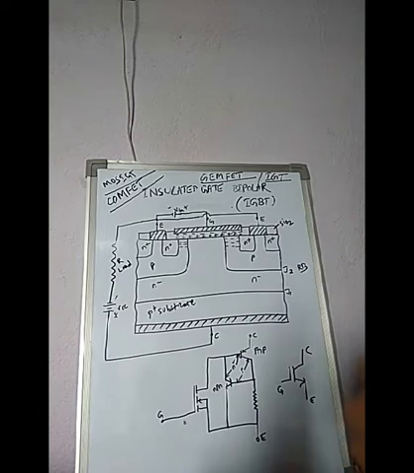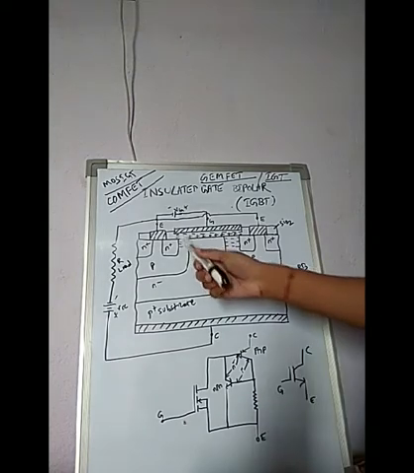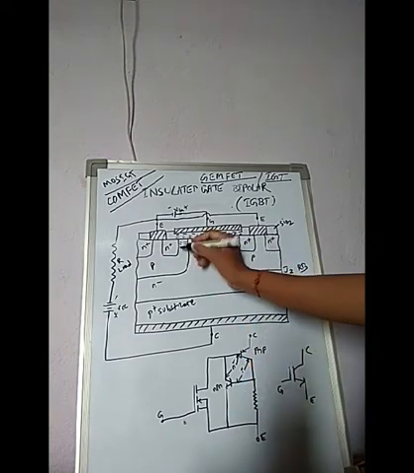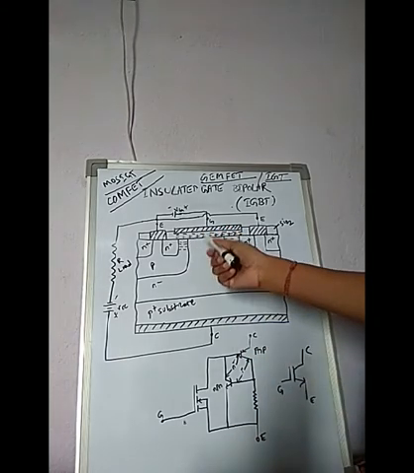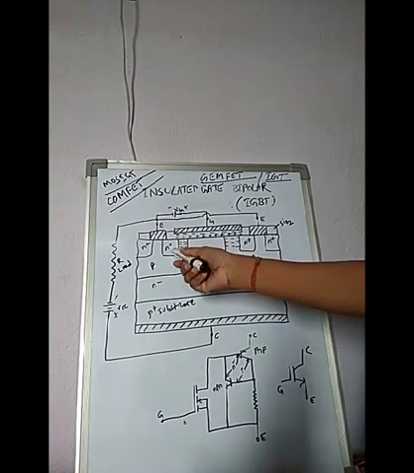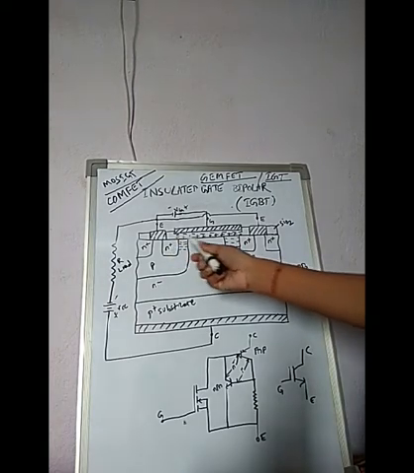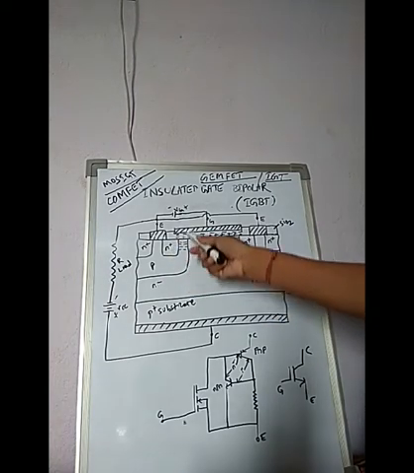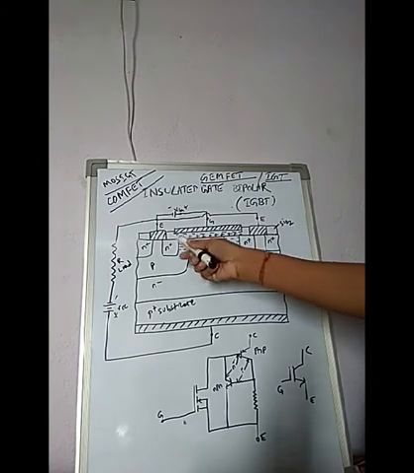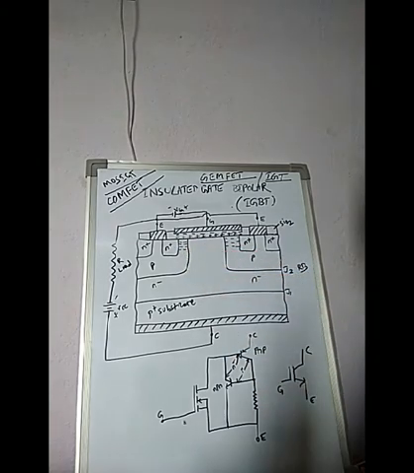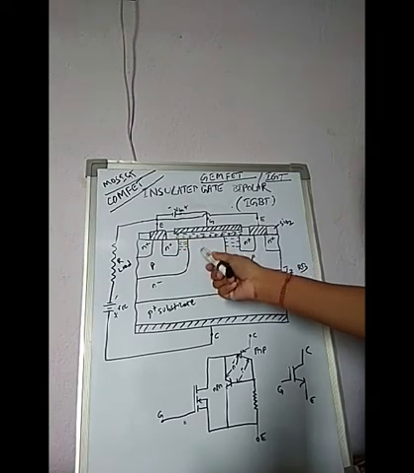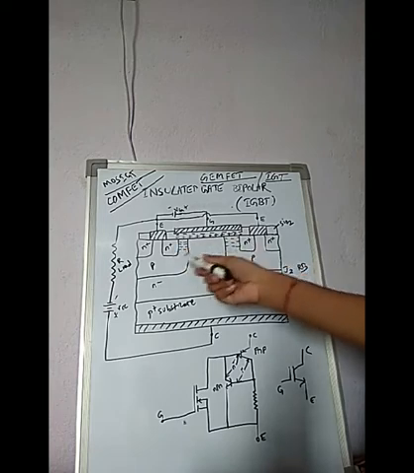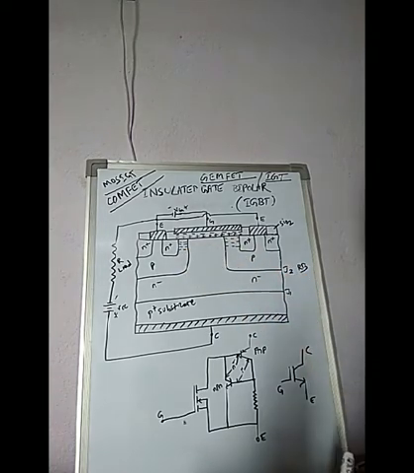So these induced charges form an N channel between N plus and N minus. This is N plus, this is N minus, this is the reverse bias junction. Once induced electrons are formed, they form a channel between the N plus and N minus regions.